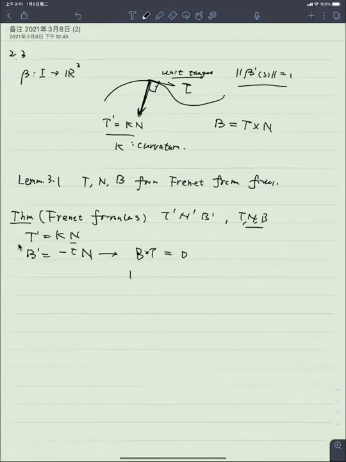Differentiating both sides, we get this thing, and because we know this, we can use the first equation to plug in here, and we get this result, and we can easily see the relation.